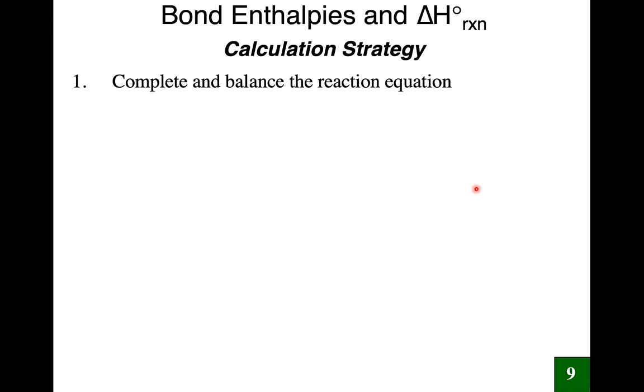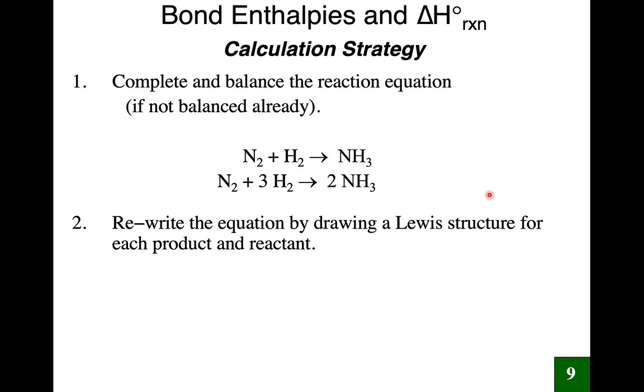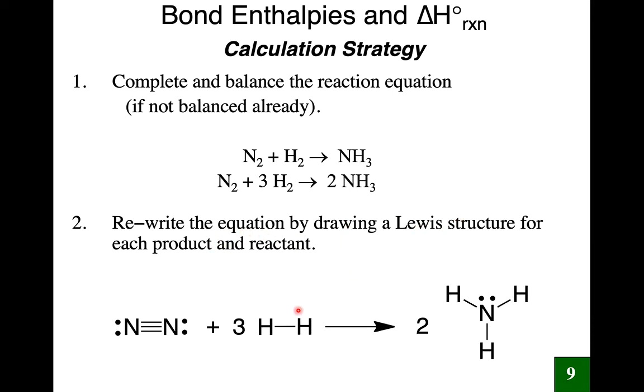Okay, let's go through the whole thing with a little more complicated example, which is like something you might see. Complete and balance the reaction if needed. So we have N2 reacting with 3H2 to give us 2NH3. And this next step is very critical: rewrite everything with Lewis structures.